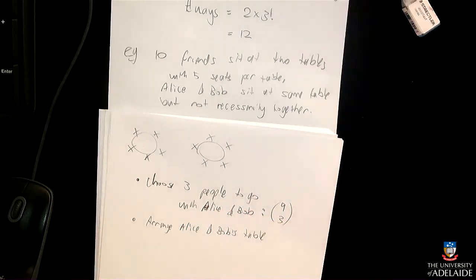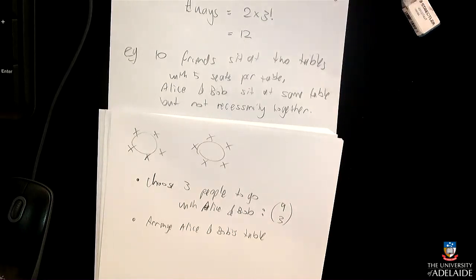So arrange Alice and Bob's table. Well, I guess that would be like 5 factorial, except it doesn't matter which way round it is. So I'd divide by 5, because I could, all the rotation, no, just a second.